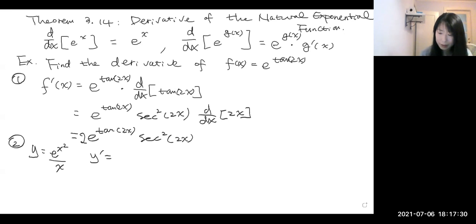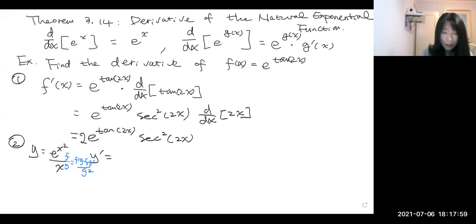Quotient rule, very good. So we're gonna use f over g, which is f prime g minus f g prime over g squared. So what do you get for this one? F prime, 2x e to the x squared.